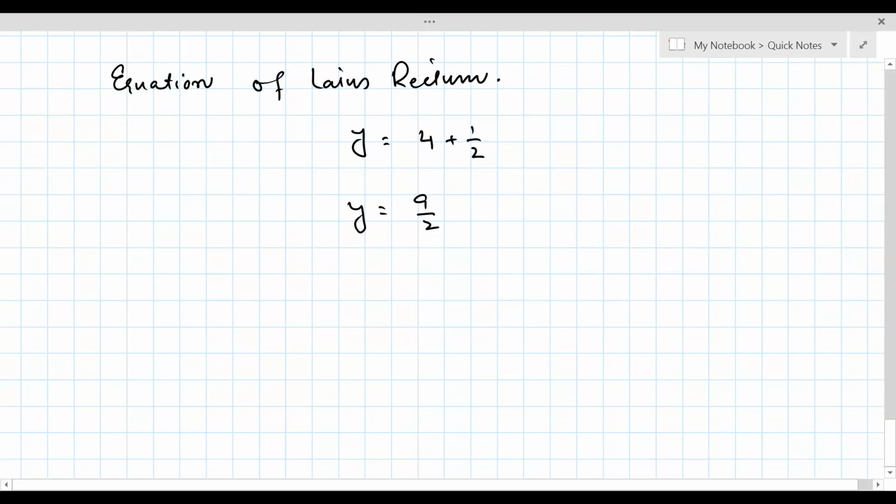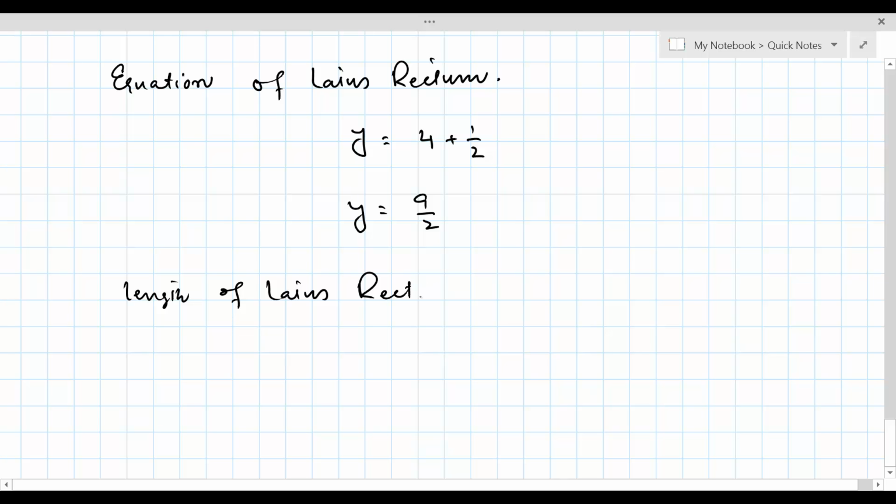Length of latus rectum is equal to 4 times focal length. This is equal to 4 times 1 by 2, which is equal to 2.